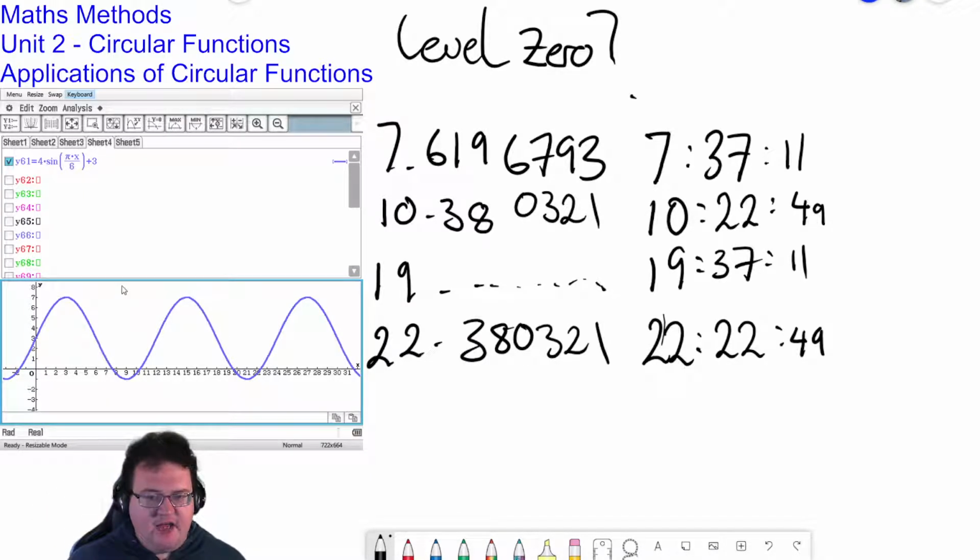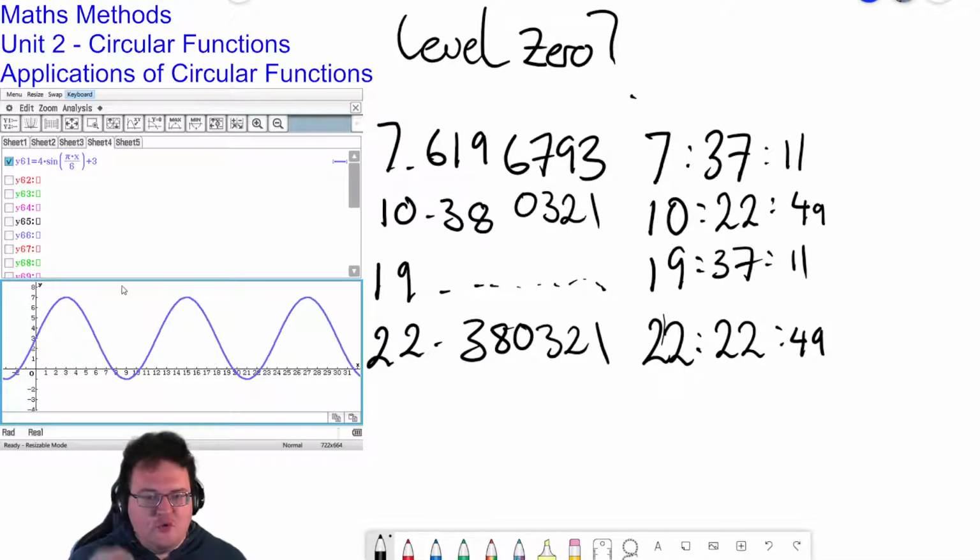Because if you look at it, what is the highest value on my sine graph there? It's 7. And what is 3 plus 4? Also 7.